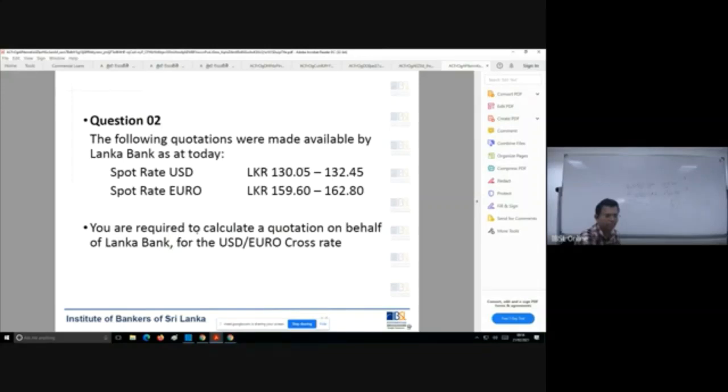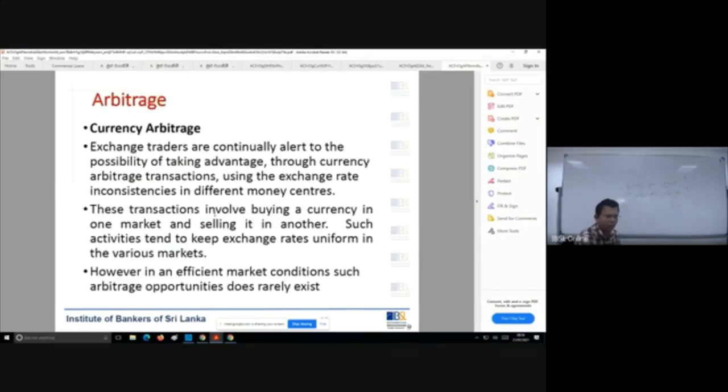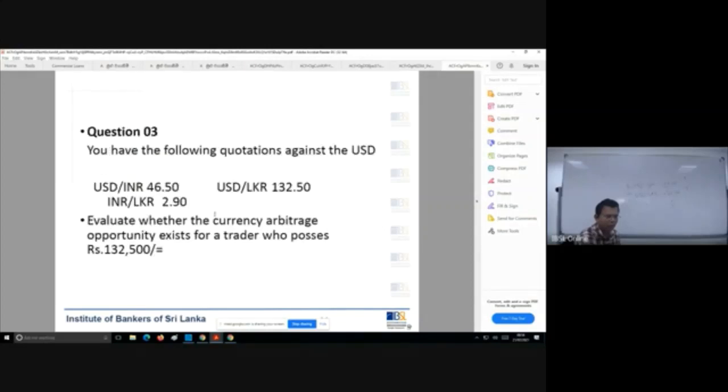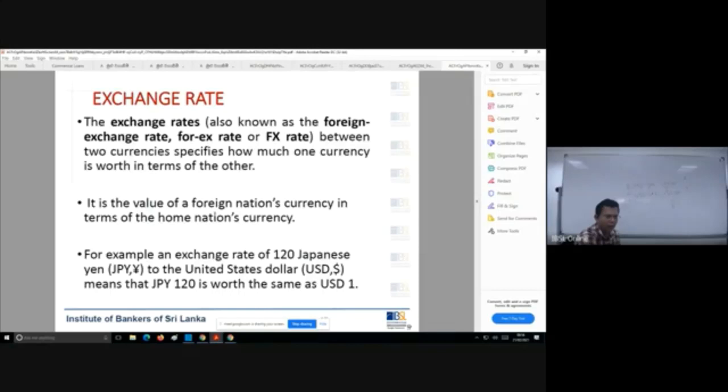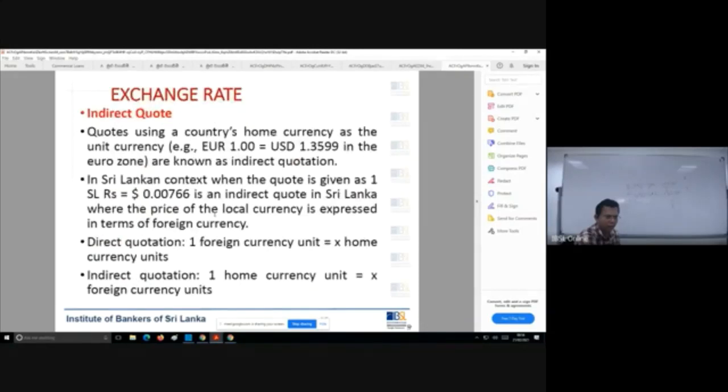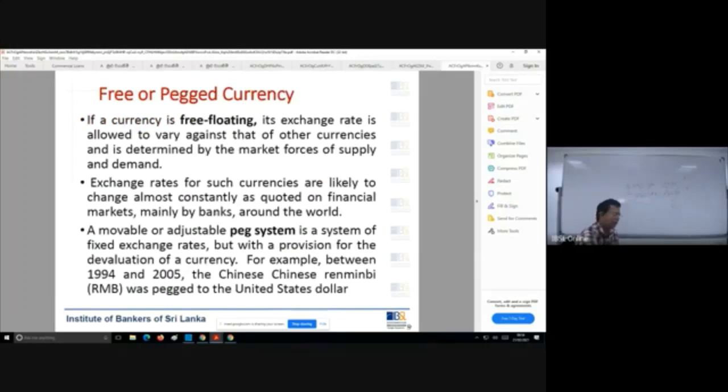Same thing, right? Now these are actually old questions. I have explained the direct and indirect quotes with an example. Now we have learned this. The questions we can take later with the examination questions as well.